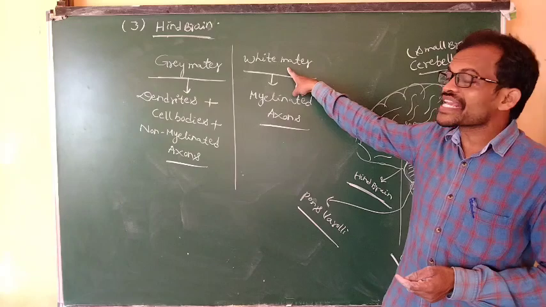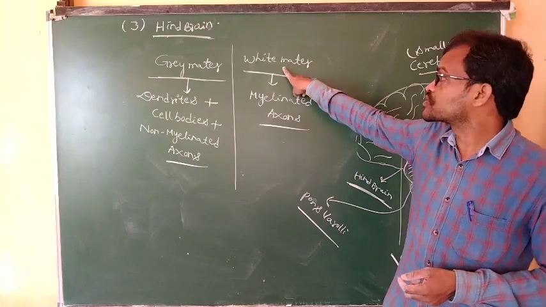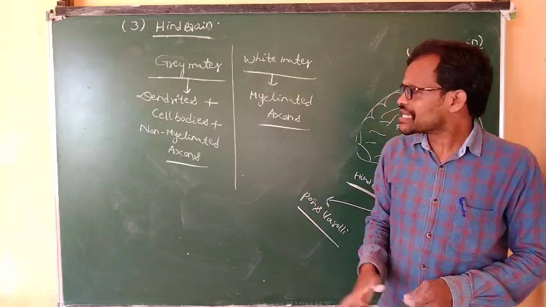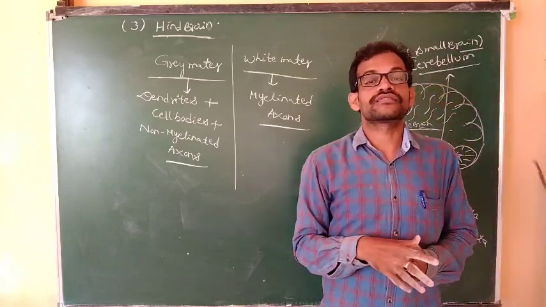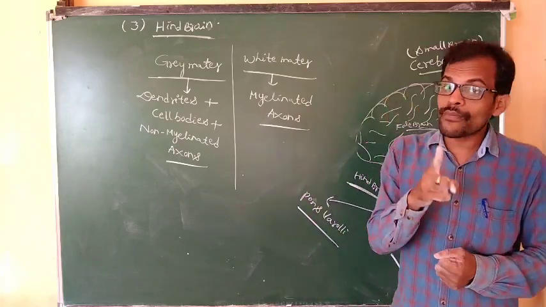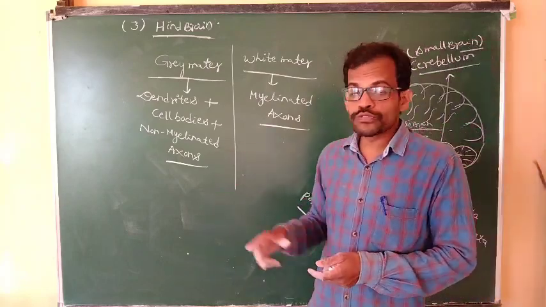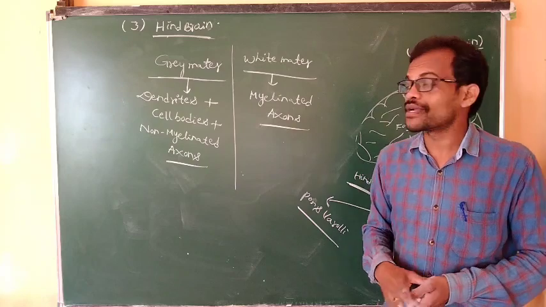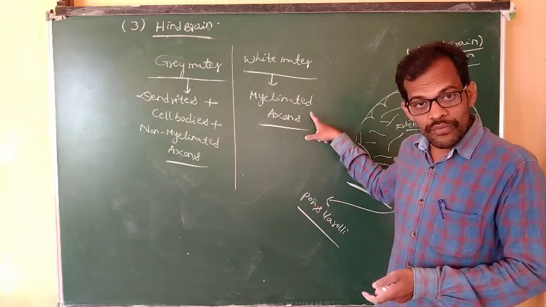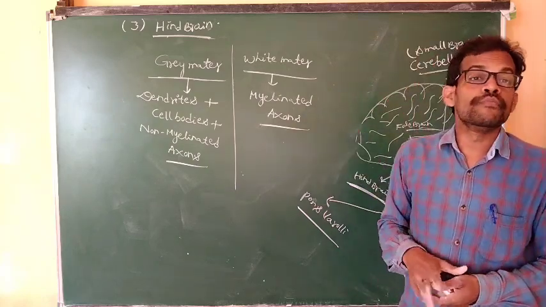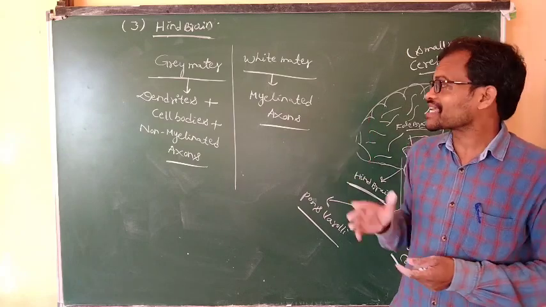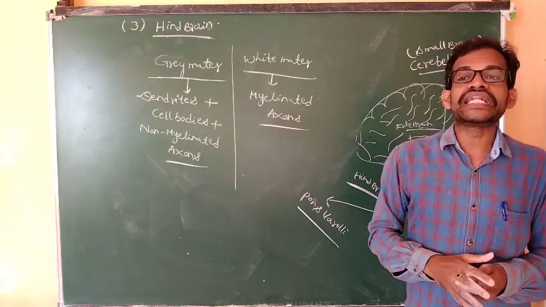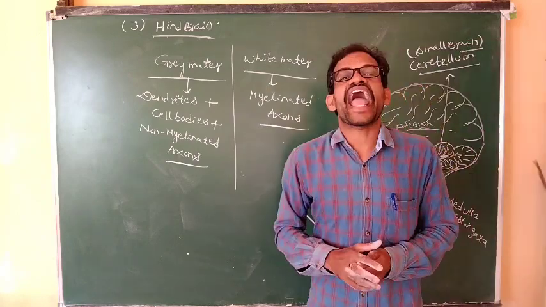That's why it looks white in color. In gray matter the myelin sheath is absent, so the phospholipids are absent. It consists of dendrites, cell bodies, and non-myelinated axons.